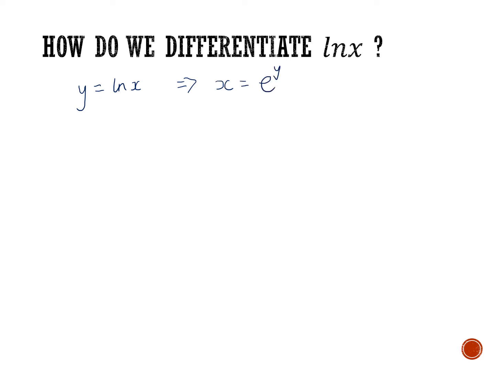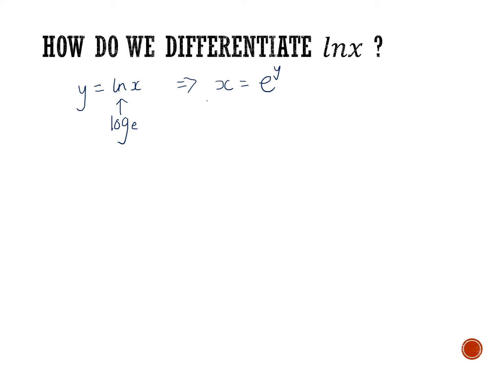Just remind yourself, when you have ln, remember ln is log to the base e, and by our definitions of logs, it is e, what power do I raise e to, to get this x, and the answer is the y, so it's e to the y equals x.